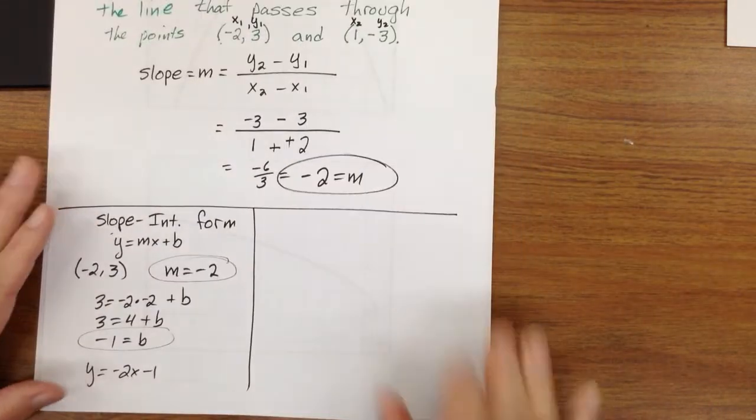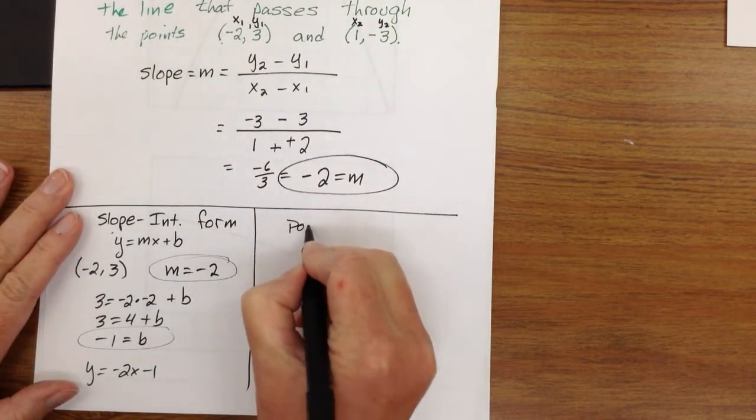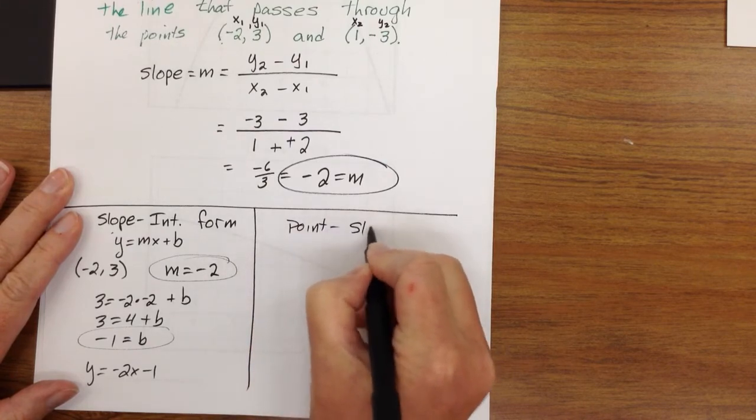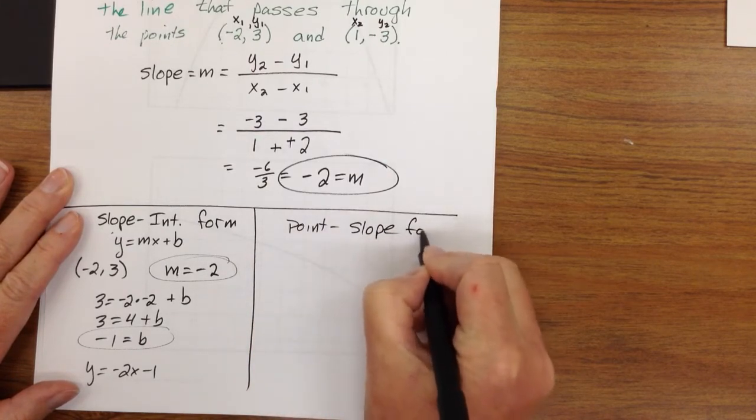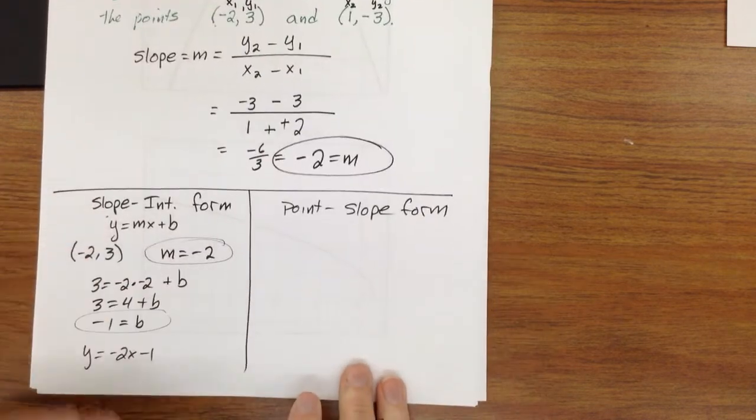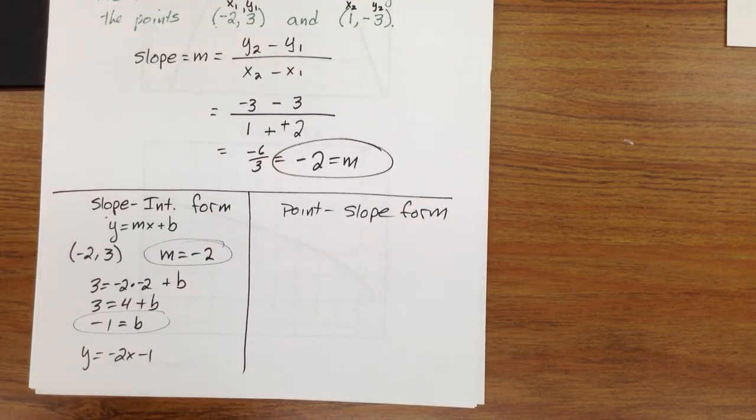All right. Consider with me point-slope form. You may not be as familiar with it, but I'm thinking if you give it a whirl, you might actually come to like it.